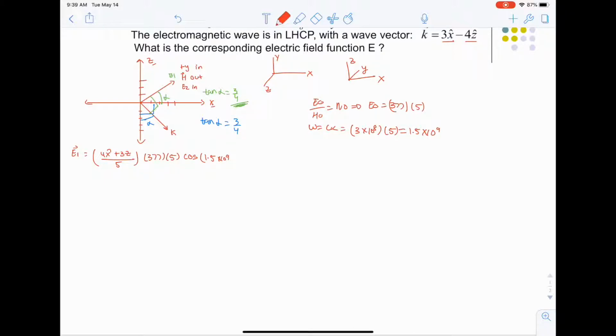Then our k is going to be the opposite of what we have here because of the equation cosine or sine of omega t minus k dot r. And because of this minus sign right here, we're pretty much just going to switch the signs. So it's going to be minus 3x plus 4z.